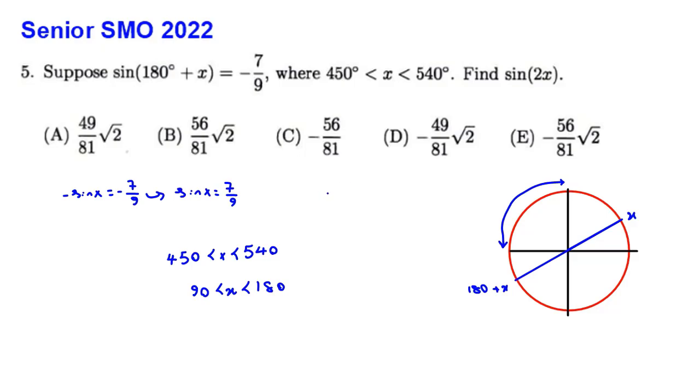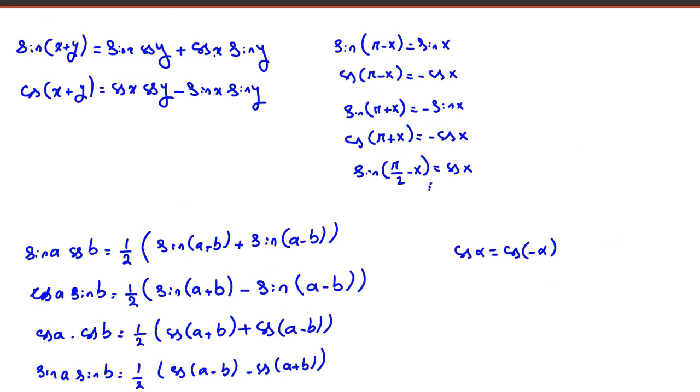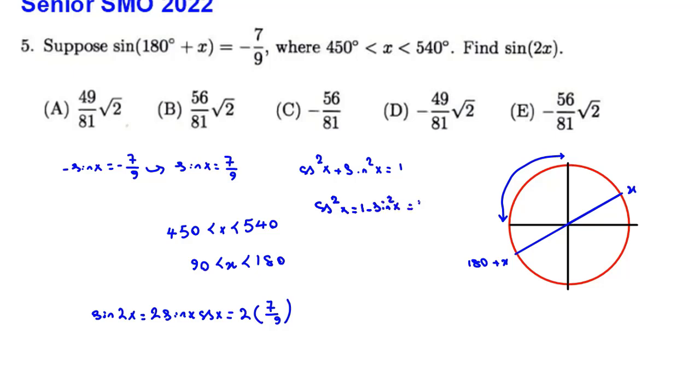When it says find sine 2x, I told you sine x plus y is sine x cos y plus cos x sine y. If you use this formula, sine 2x will be 2 sine x cos x. So it will be 2 times 7 over 9. And what is cos x? Because it is negative here, we know cos squared x plus sine squared x is 1. So cos squared x is 1 minus sine squared x, which is 1 minus 7 over 9 squared.